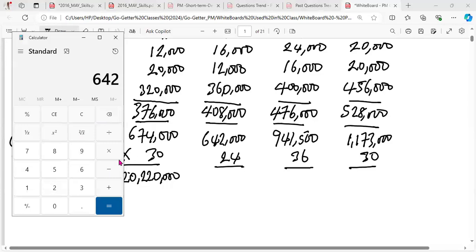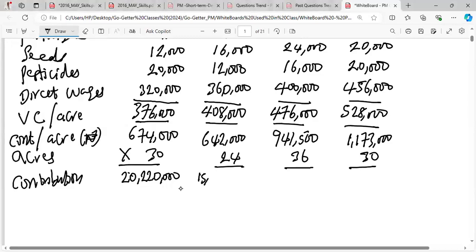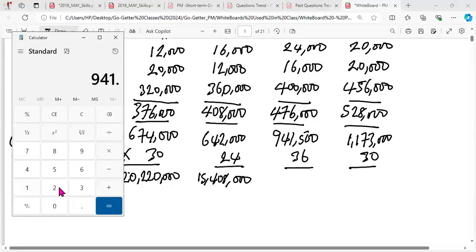The next one will be 642 multiplied by 24, just to keep them simple. I know I'm going to put 3 zeros at the end. 15408. Then I have the third one here, 941.5 times 36.